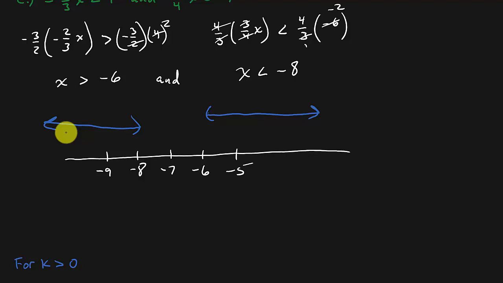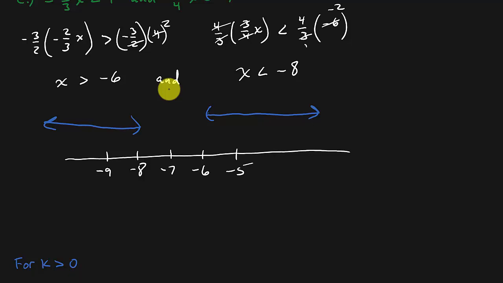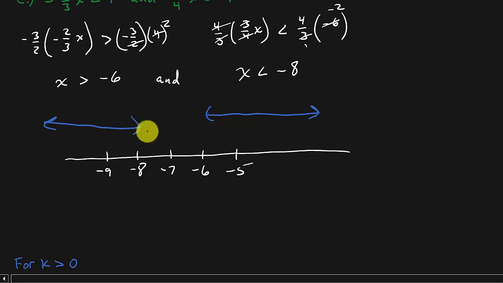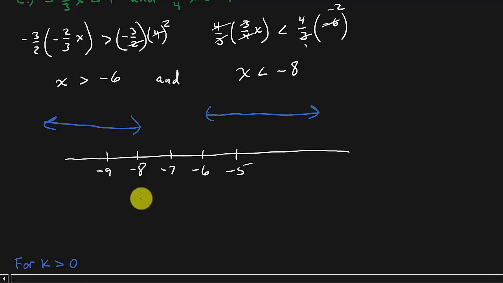All right. So we've got "and", which is the intersection. So that's what they have in common. Or in other words, where do the lines overlap? Well, they don't overlap anywhere, do they? So this one has no solution. You could write empty set.